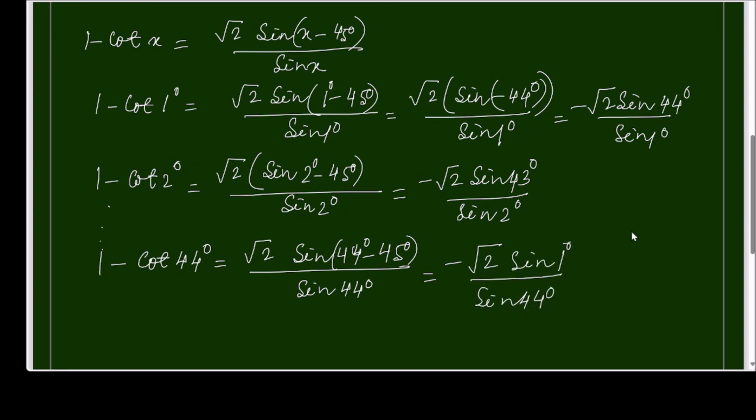Here I am applying sine minus theta is minus sine theta. So let us multiply now what is given in the question, which we have to evaluate: 1 minus cot 1 degree, 1 minus cot 2 degree, up to 1 minus cot 44 degree. All the terms are here.